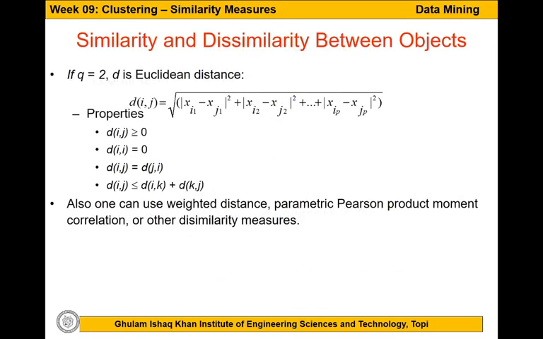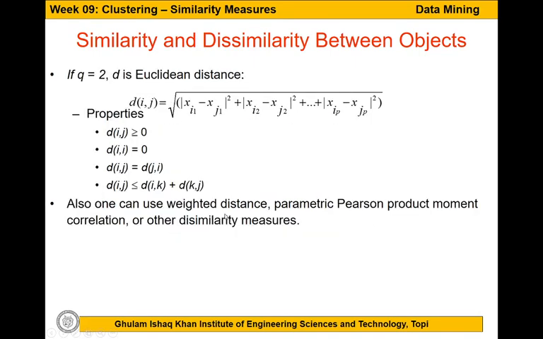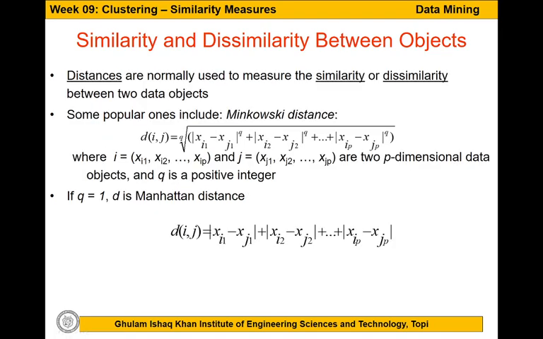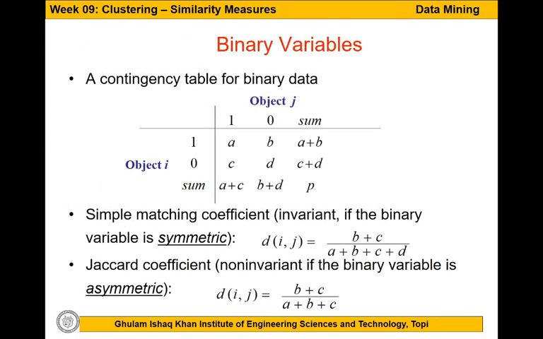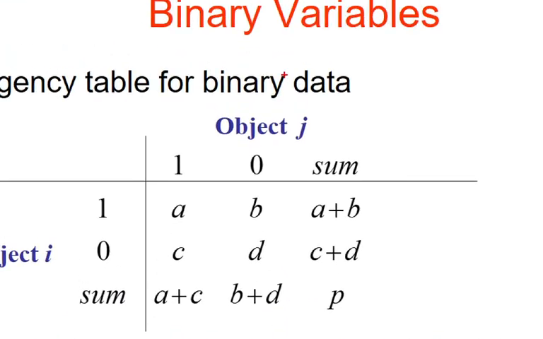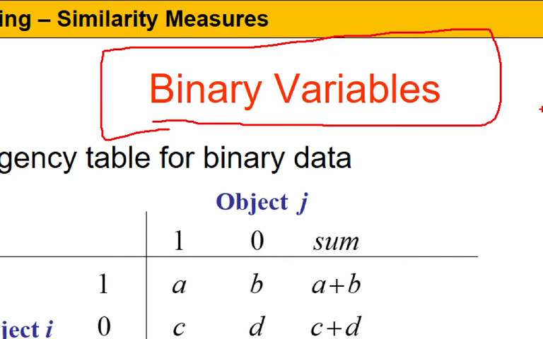But these are general formulas. Manhattan distance, Euclidean distance, Minkowski is the generic form. Manhattan and Euclidean are subtypes of those, and by varying the value of q, you can make a whole lot of distance functions, but these are for numeric values, right? But at times in our data set we can have binary variables in the complete data. All variables of a record have either value true or false.